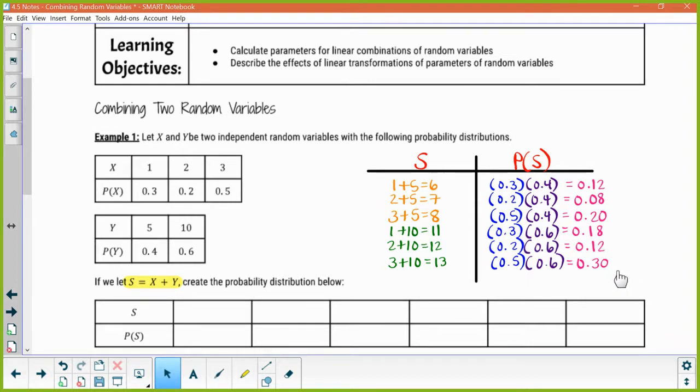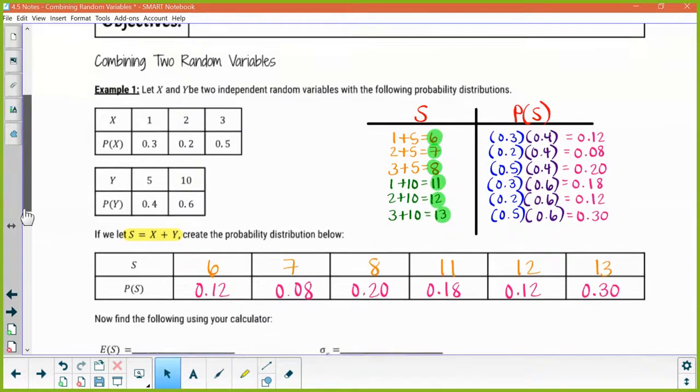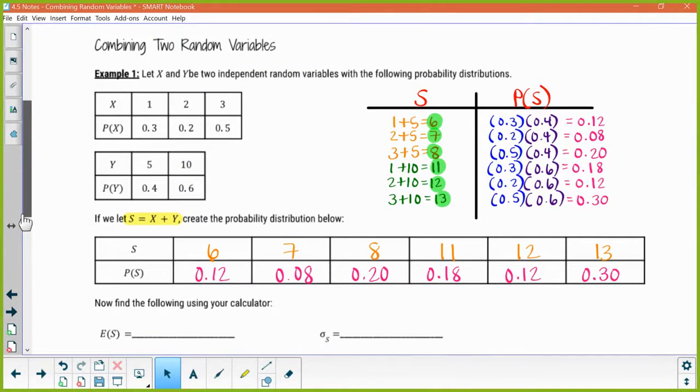So I take all of the values of the outcomes, my 6, 7, 8, 11, 12, 13, and place those in the top row of my probability distribution table. Then I took the probabilities 0.12, 0.08, 0.20, 0.18, 0.12, and 0.30 and put them in the bottom row.